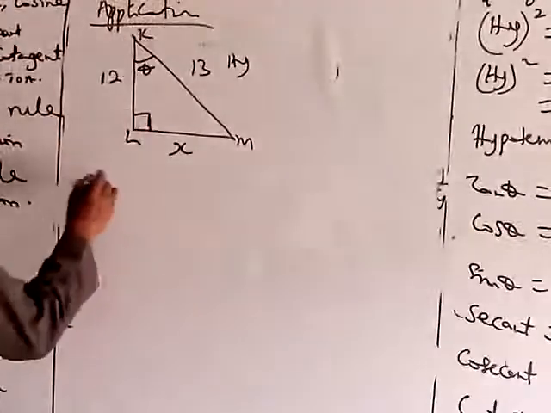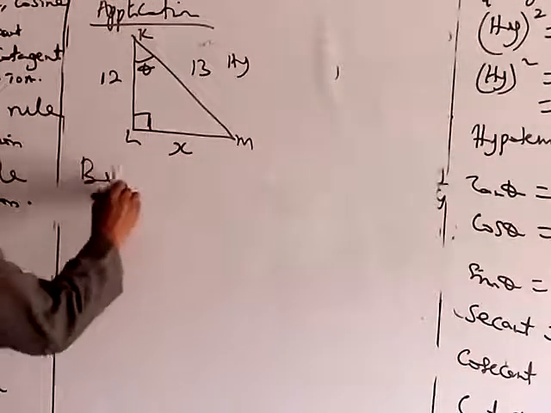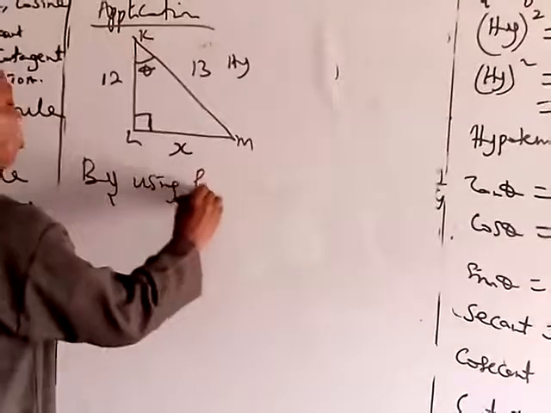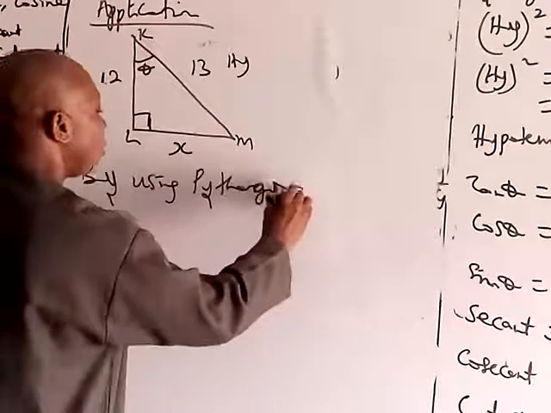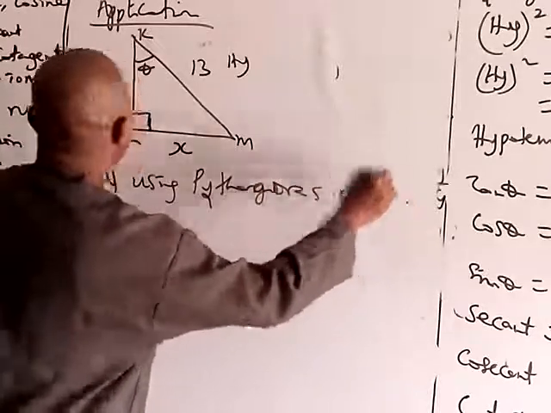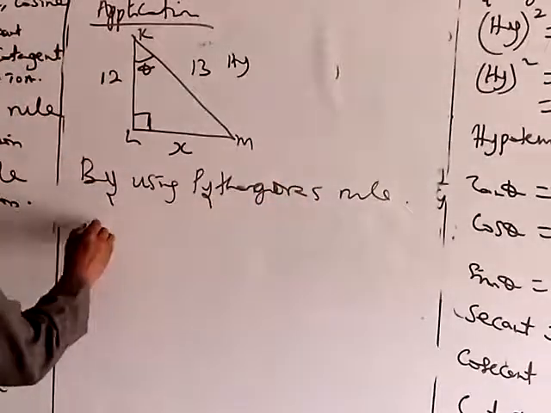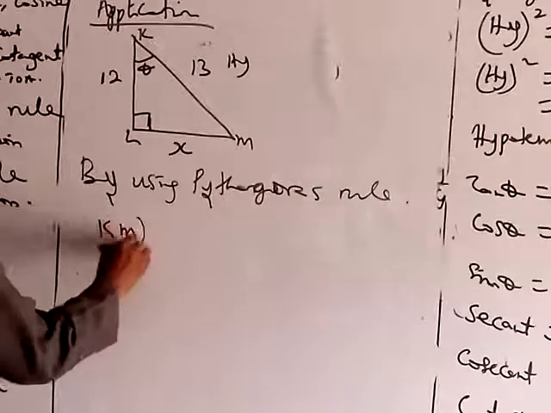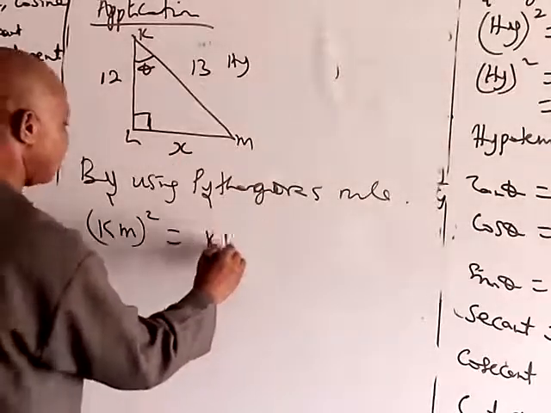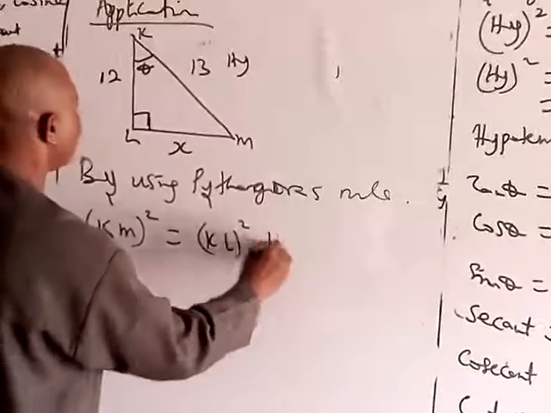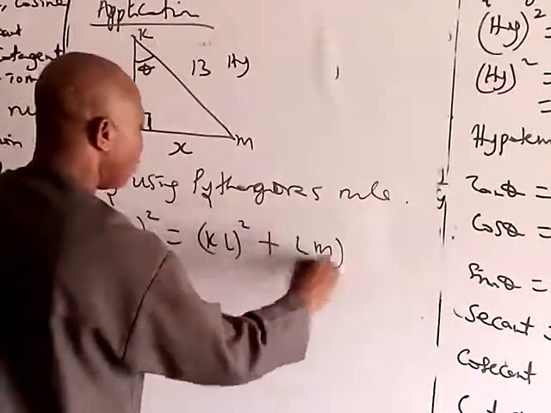Now, to use the Pythagoras rule, we have KM raised to power 2 is equal to KL squared plus LN squared.